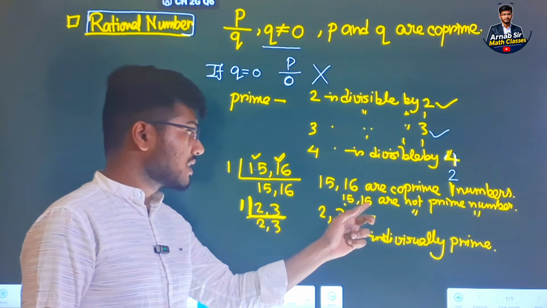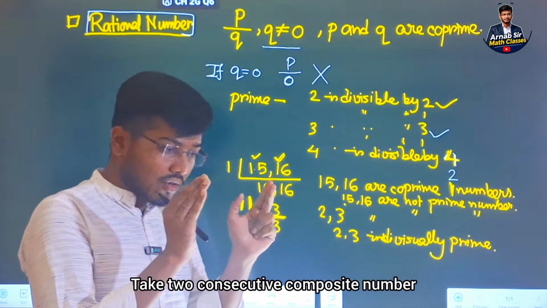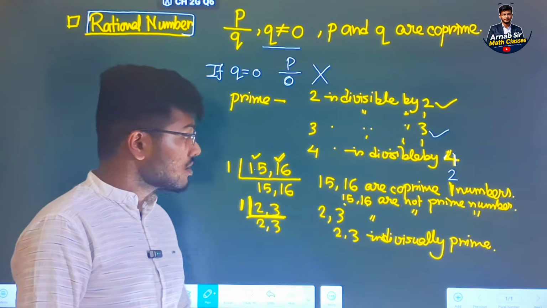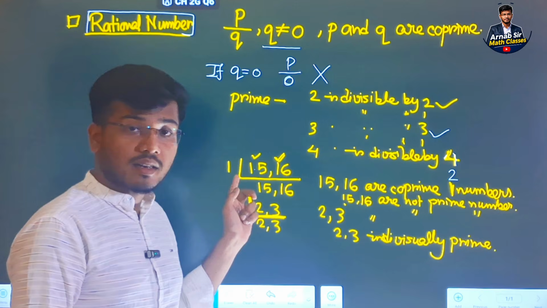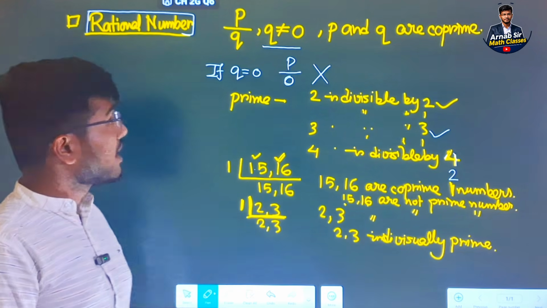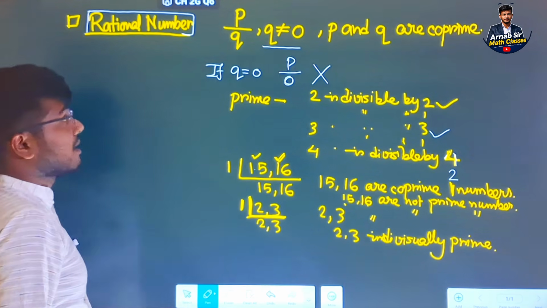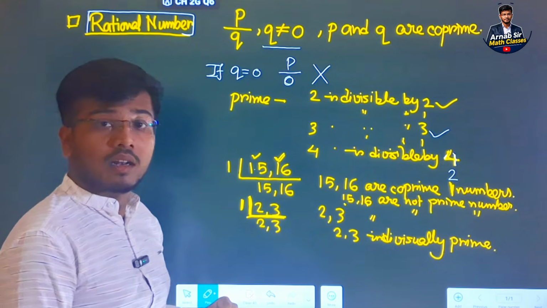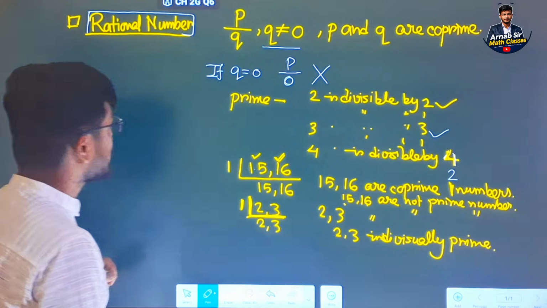If we take two composite numbers and their common divisor is 1, then they are co-prime. Clear? Up to this, all clear? So whenever I give the definition of a rational number, you have to write that the numerator and denominator are co-prime. Clear?